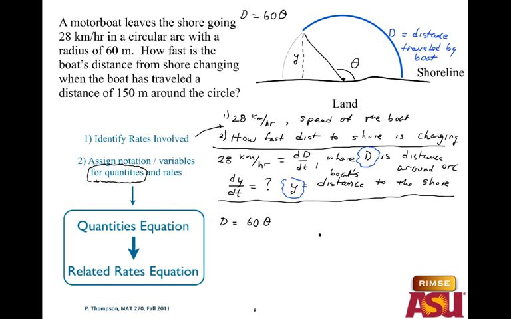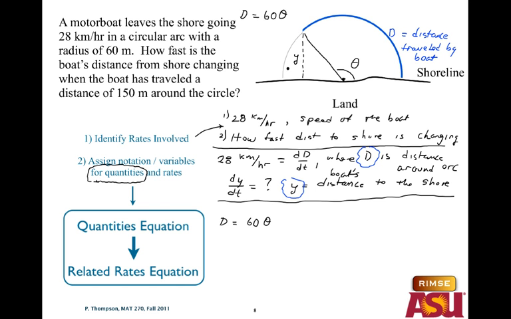Because theta is the arc length measured in the unit of the radius. So if we want that distance D, we take the number of radius lengths times how long each radius is, and that gives us D in kilometers. And that's going to be important.